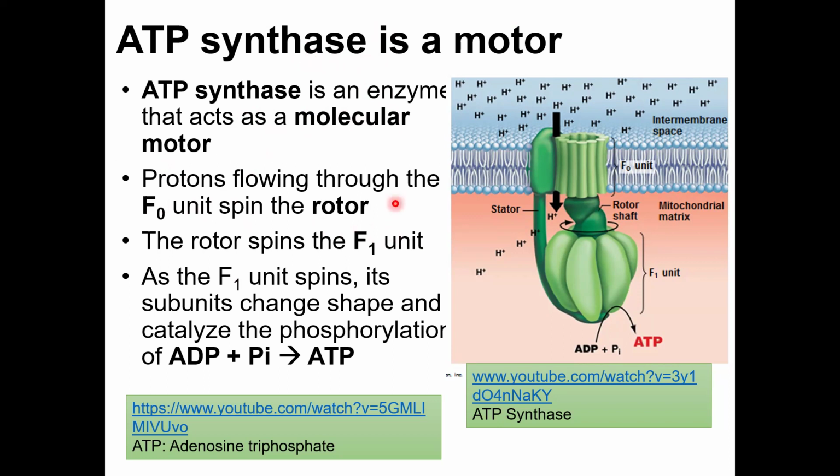The protons flow through this F0 unit here and spin the rotor, and then the F1 unit spins, starts changing shapes, and catalyzes the phosphorylation of ADP and the inorganic phosphate to ATP itself.